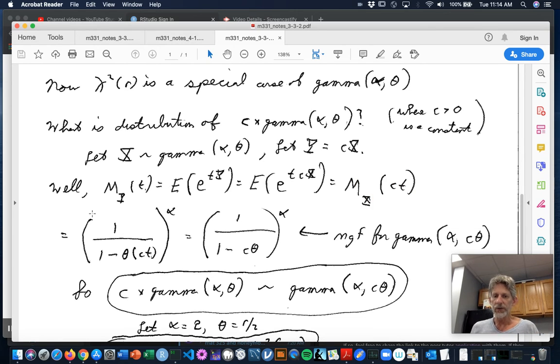And the moment generating function for a gamma is 1 over 1 minus theta t, to the alpha. And so you just stick in a ct instead of a t. And whoops, I left out the t there. It's supposed to still be there. And so we would have 1 over 1 minus c theta times the t, that is supposed to be right there.